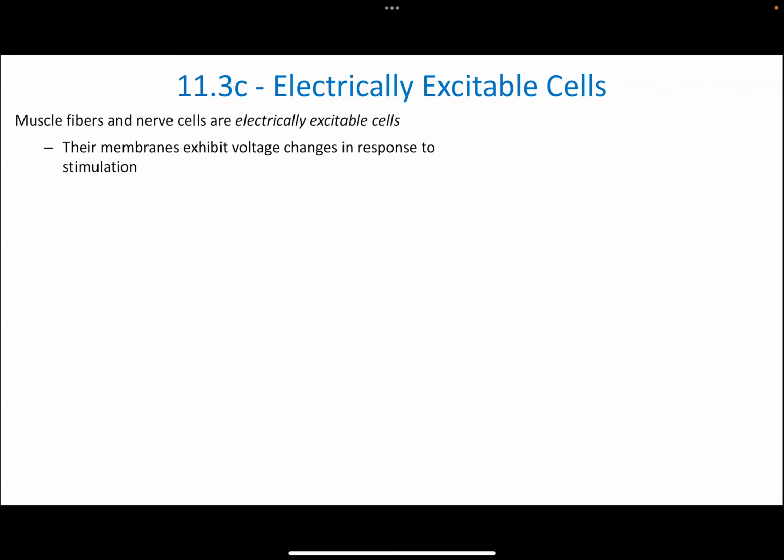All of this is essentially electrical excitability. And so we're going to take some time here to talk about how the nervous system cells, known as neurons, as well as the muscle cells, are electrically excitable. When we move ions across a membrane, we are changing the charge that they carry.